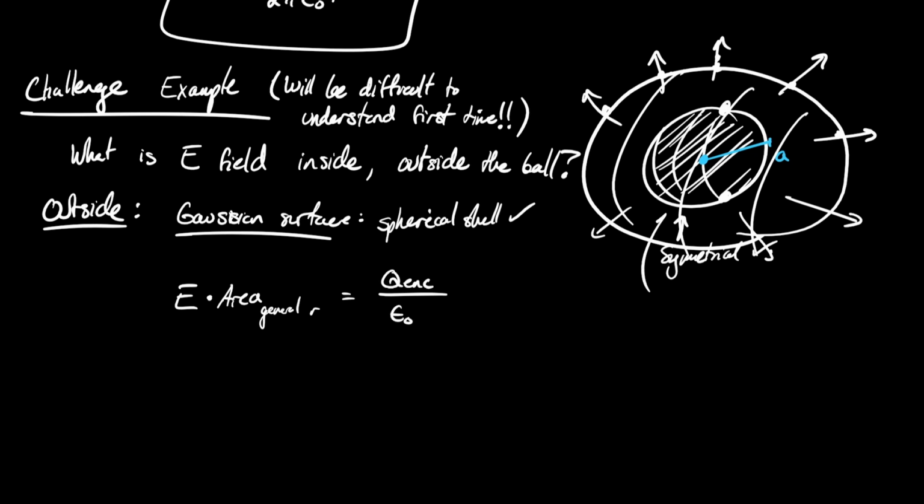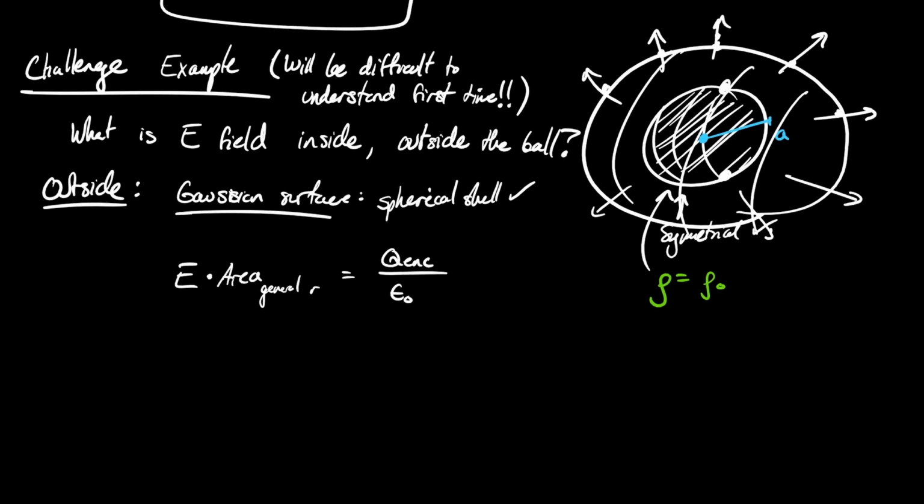And I should have told you guys the information of the problem is the charge density of the ball is rho 0, or rho naught. So again, I'm not giving you the total charge of the ball. I'm going to give you the charge density of the ball. You know what? At the end, sometimes problems will give you Q instead.